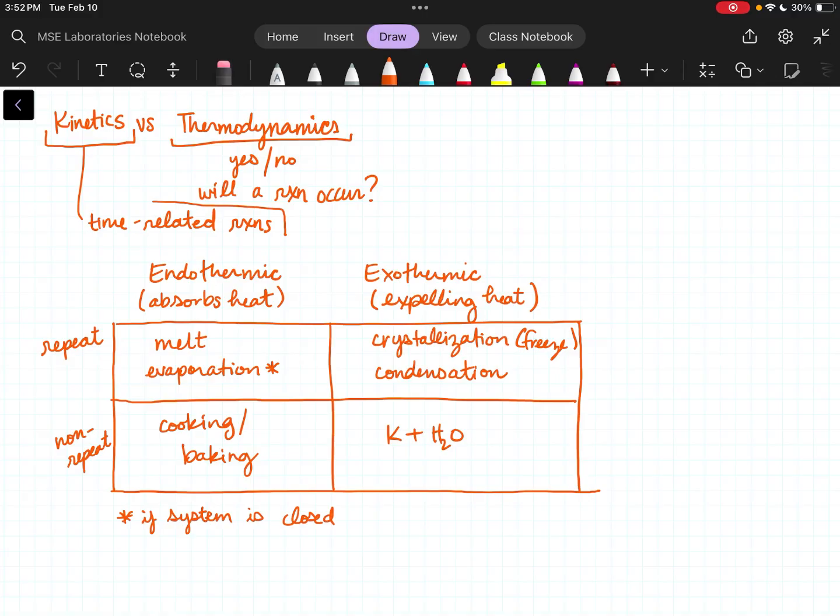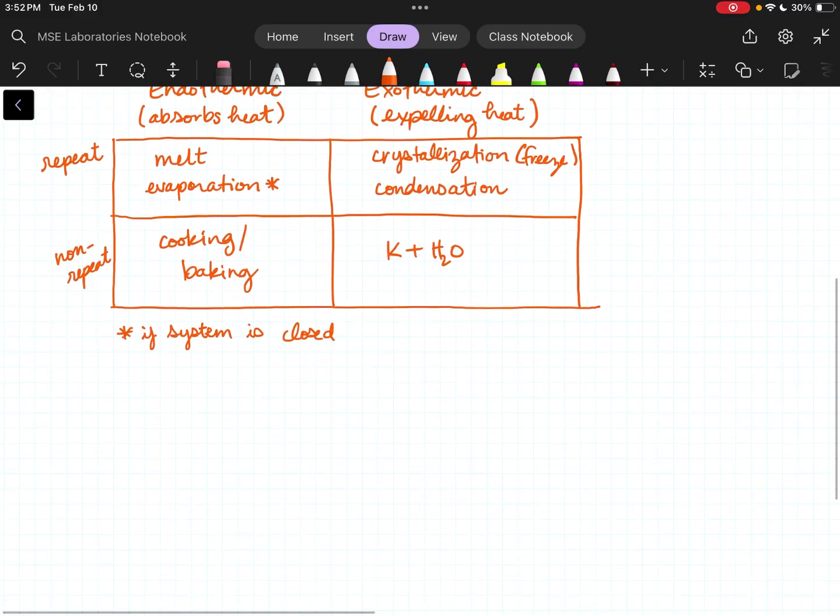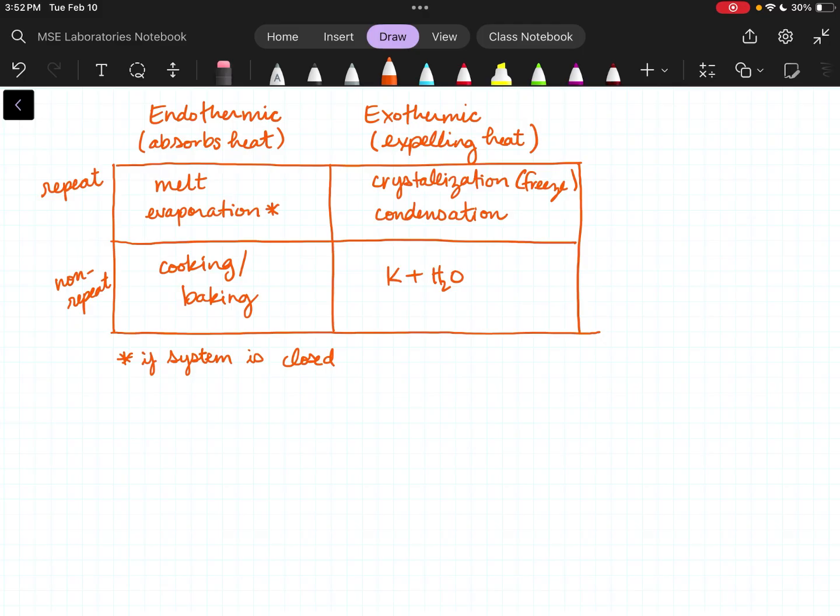A really easy rule of thumb for figuring out if something is endothermic or exothermic: if you are increasing the temperature, like melting or evaporating, it's probably endothermic.